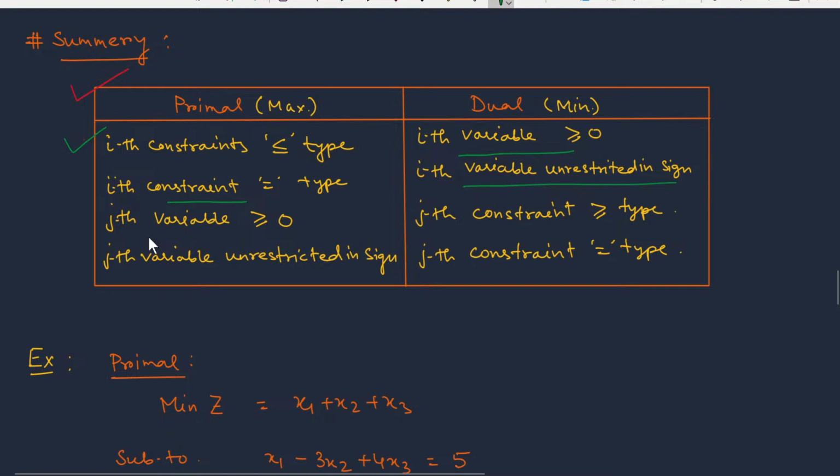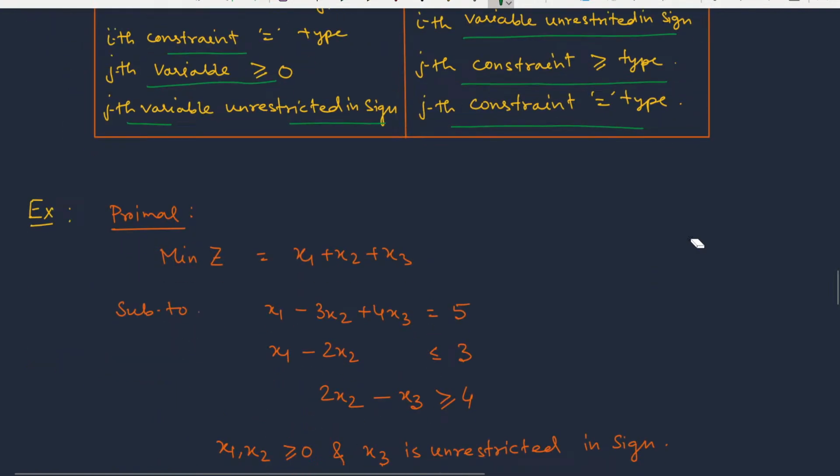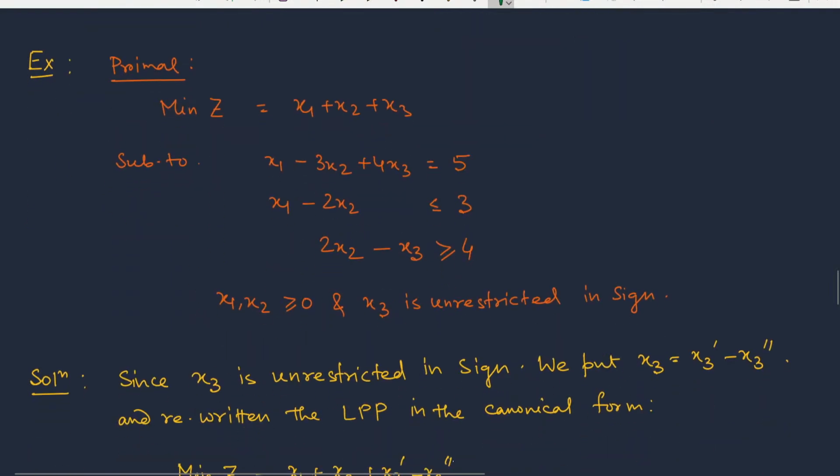If the jth variable is greater than or equal to 0 in the primal problem, then the jth constraint is greater than or equal to type in the dual problem. If the jth variable is unrestricted in sign in the primal problem, then the jth constraint is equation type. So this is the case of primal problem and dual problem. I will provide this PDF in the Telegram group or channel. You can collect this, okay.